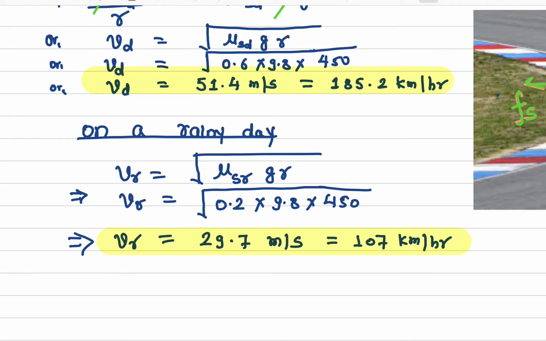So on a rainy day, you are significantly reducing the speed because there is not enough friction to negotiate the turn or to make the car move in a horizontal circle. That's the reason when it is snowing or raining, on a turn we significantly reduce the speed to negotiate the turn.